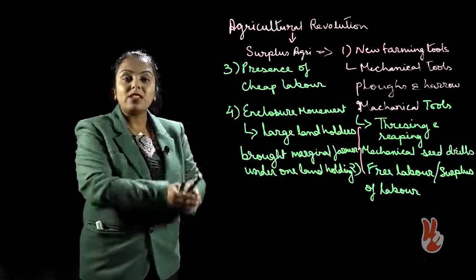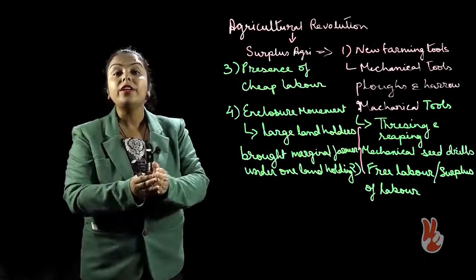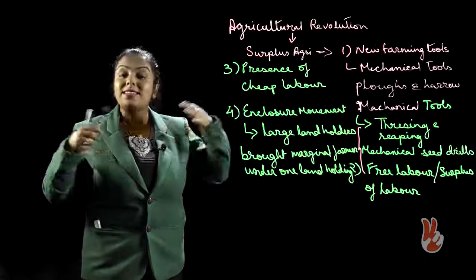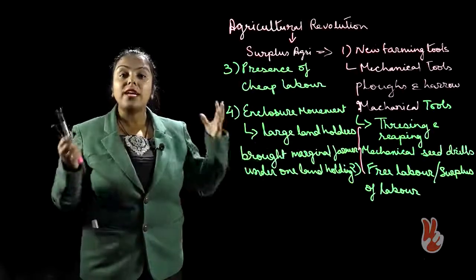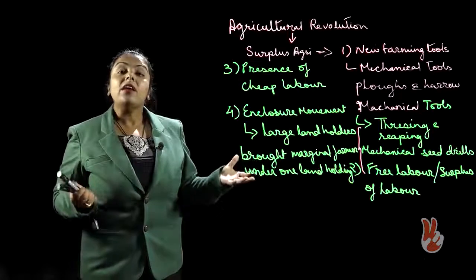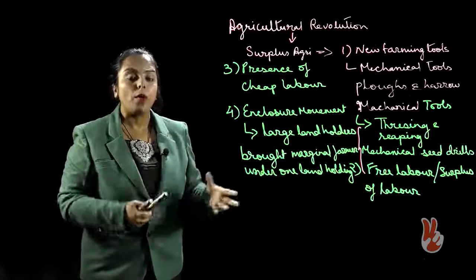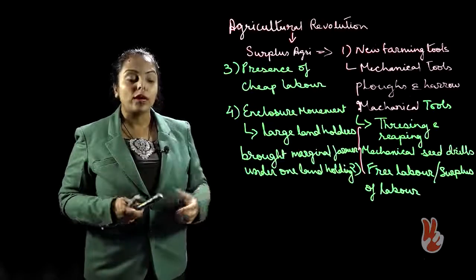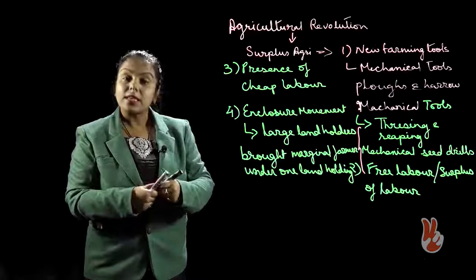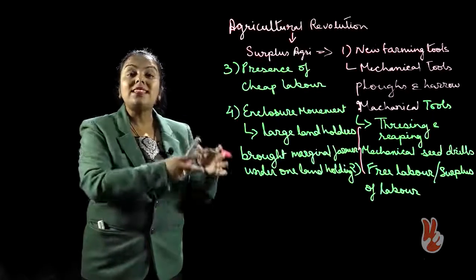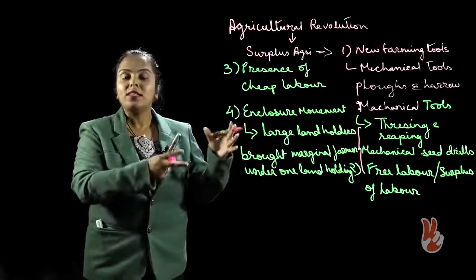The small marginalized lands were now converted into large estates, and these large estates resulted in a lot of land being used for the cultivation of particular crops. And what were these particular crops? Because at that time industries needed cash crops. What is a cash crop?